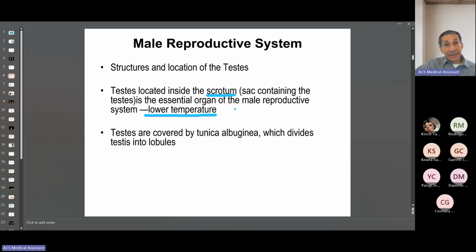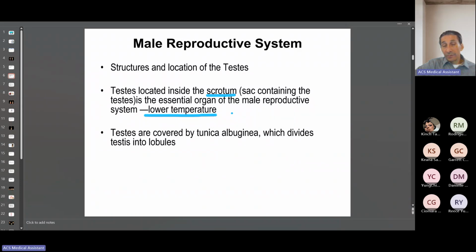So the sperm are not going to be produced, or they are going to be produced abnormally. So when nature made us, they made us in a way that these sperm are protected from body temperature. That's why the testicles are outside the body, hanging right there within the scrotum.